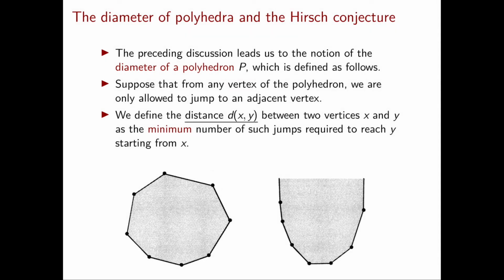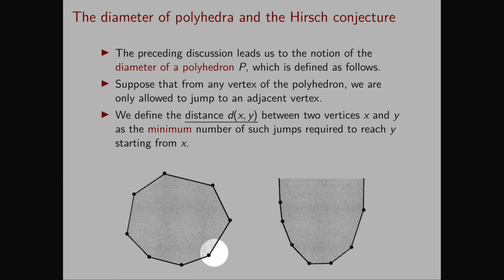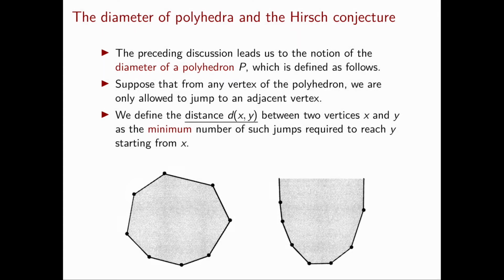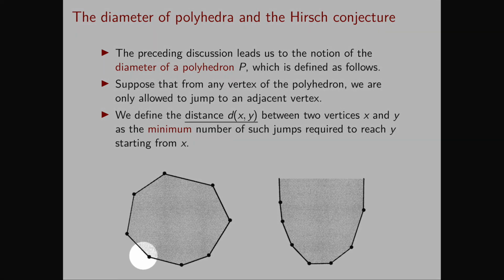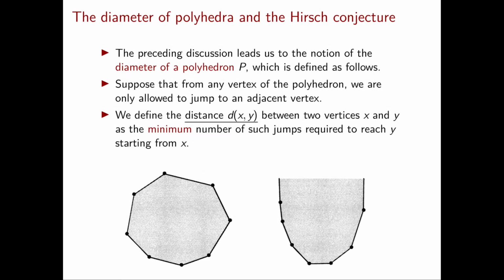Of course, we could have taken a different path, namely, we could have gone all the way down below from x to y, but this would have required 1, 2, 3, 4, 5, 6 jumps, and the minimum between 2 and 6 is equal to 2. So the distance between x and y is equal to 2.